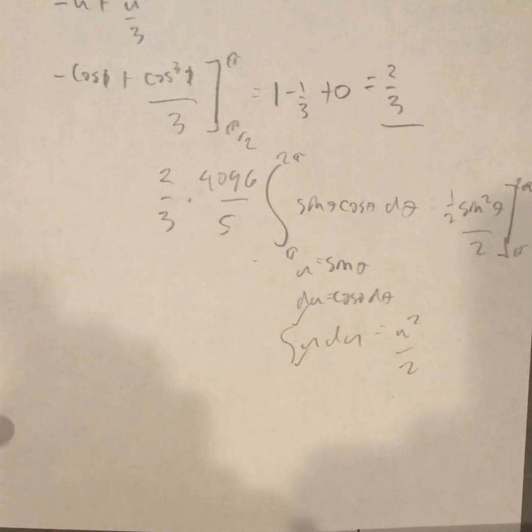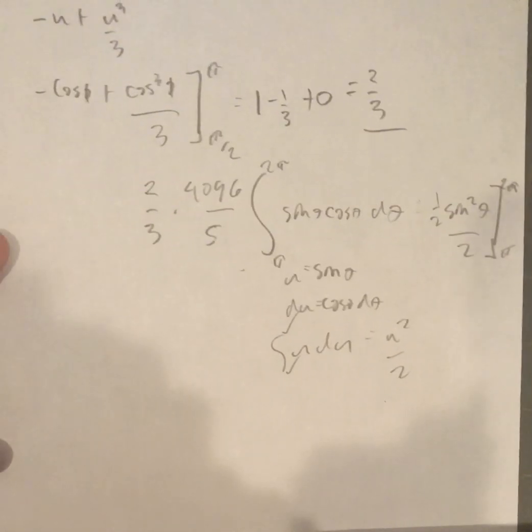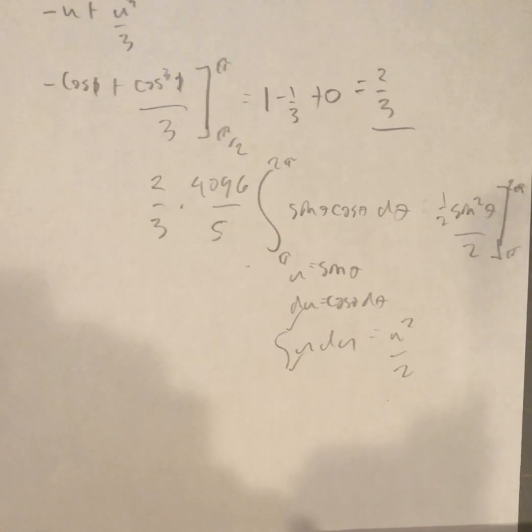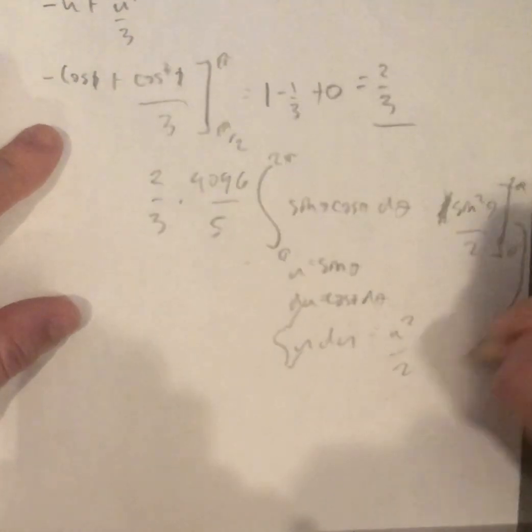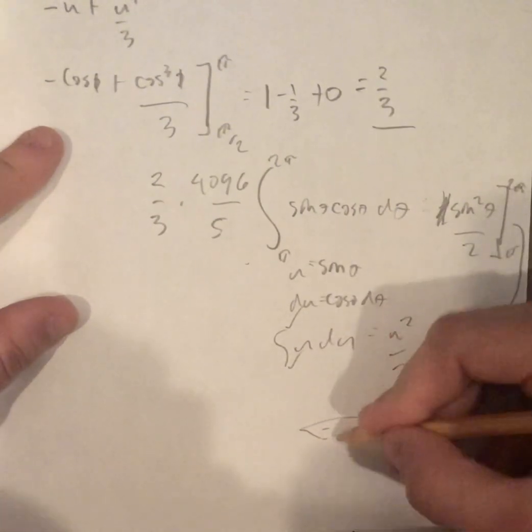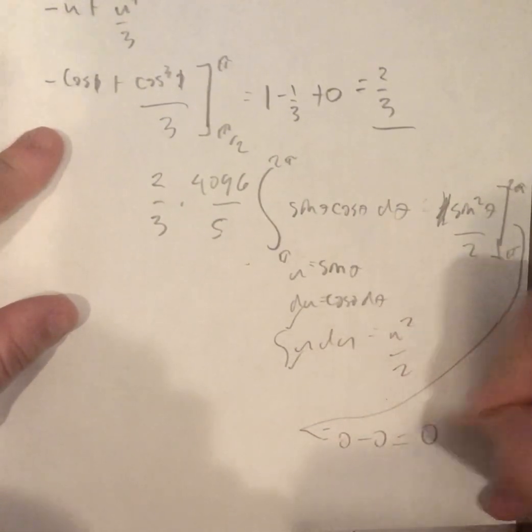Okay, well, let's see, I guess that wouldn't be 1/2, that would be pi over 2. Well, the sine of 2 pi is 0, right? We know that because the sine of 0 is 0, and 0 is 2 pi. And the sine of pi is also 0. So this is just going to be 0 minus 0, which is 0.